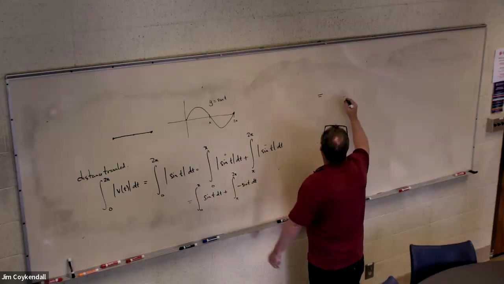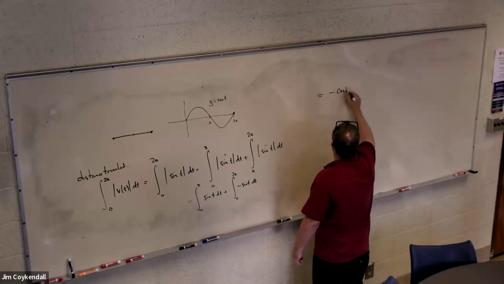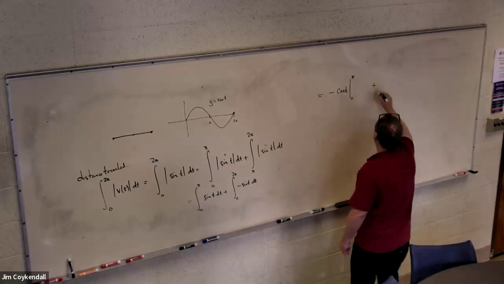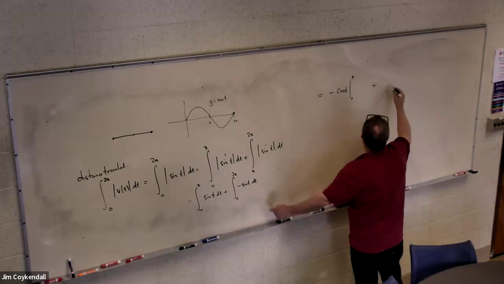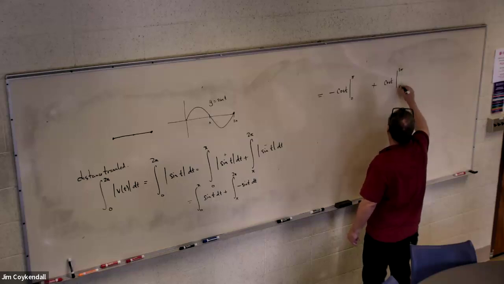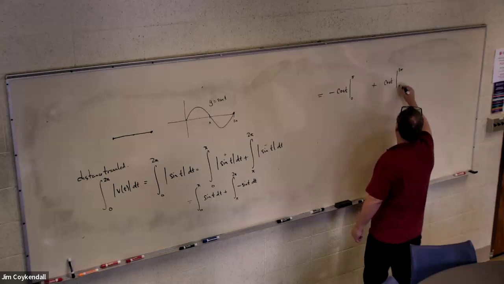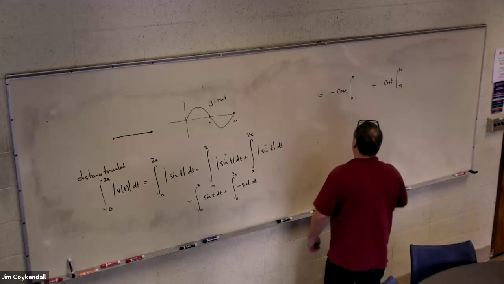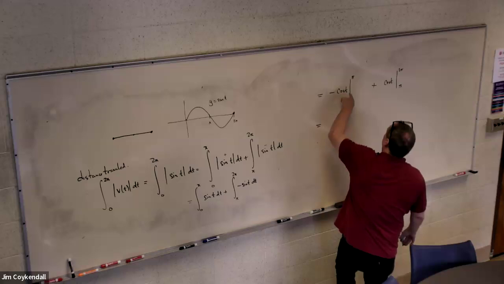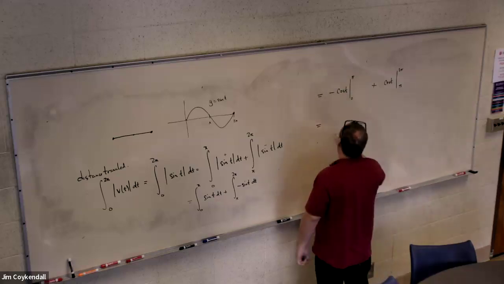This first bit is minus cosine t from 0 to pi. And the second bit, the antiderivative is minus cosine t. See what we get out of this. When I plug in pi, minus cosine t, I get 1.